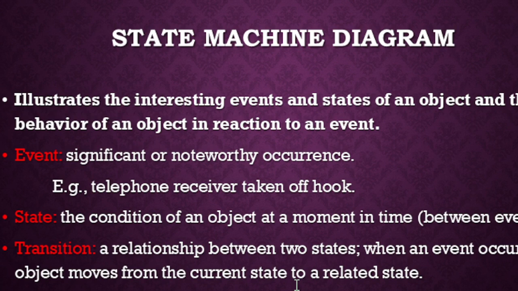Start with a very simple example. There is a switch, and there is a state when we call the switch off. Obviously my action will make the switch on and my action will make the switch off. So some event happens, and according to that event, the switch changes its state.